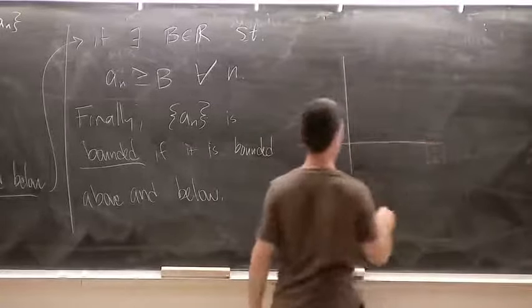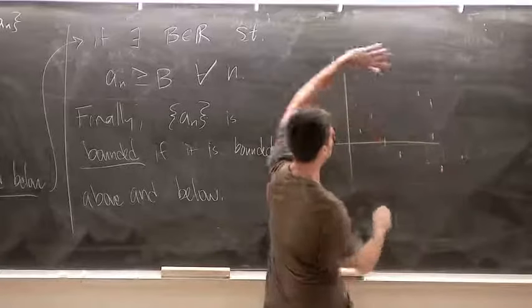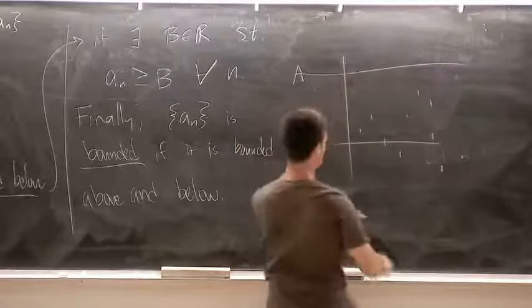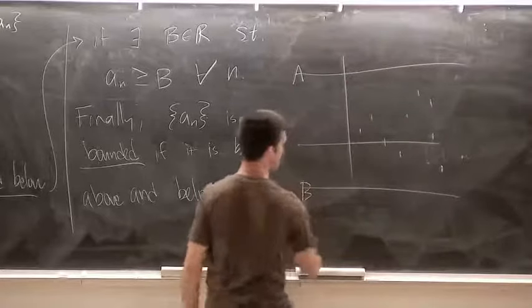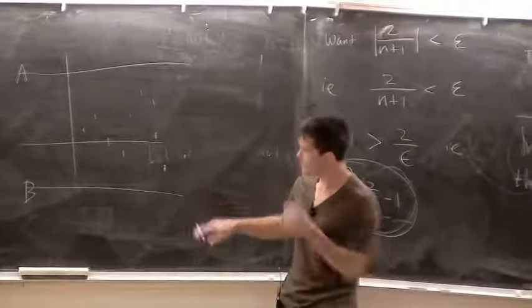So if these are the terms of your sequence, bounded above means there's some line that it never goes above. Bounded below means there's some line that it never goes below. And bounded just means it's both bounded above and below.